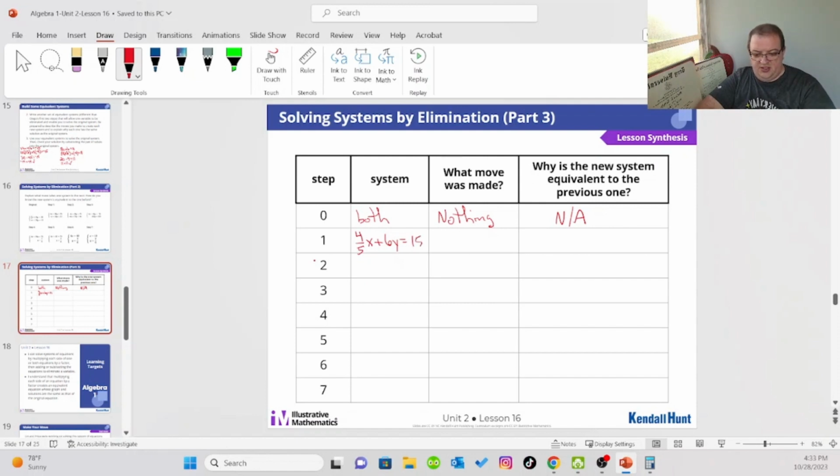This was multiplied by 4, and it's equivalent because the same thing was done to both sides.